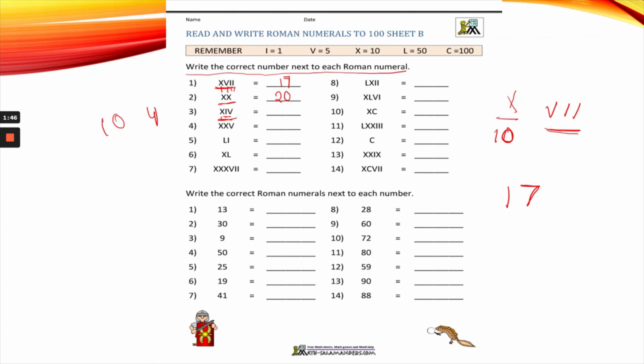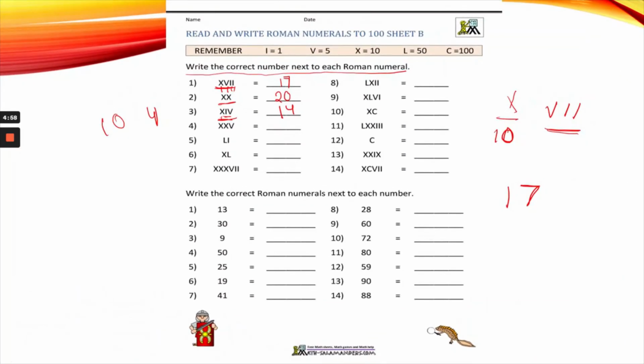So this is 14. And the fourth one is 20. Okay, 10 plus 10 is 20 and 20 plus 5 is 25. So we will write it as 25.